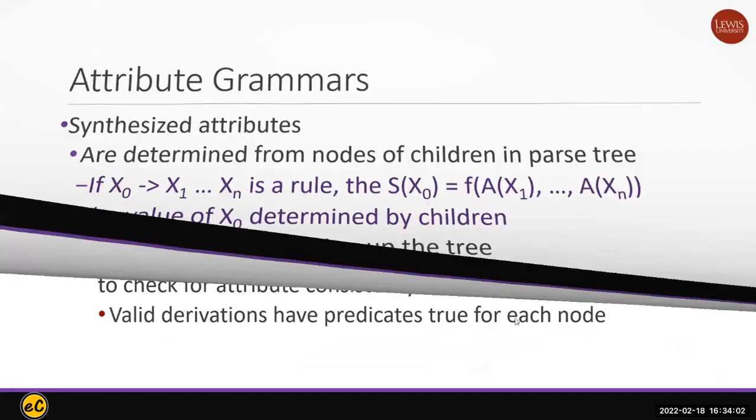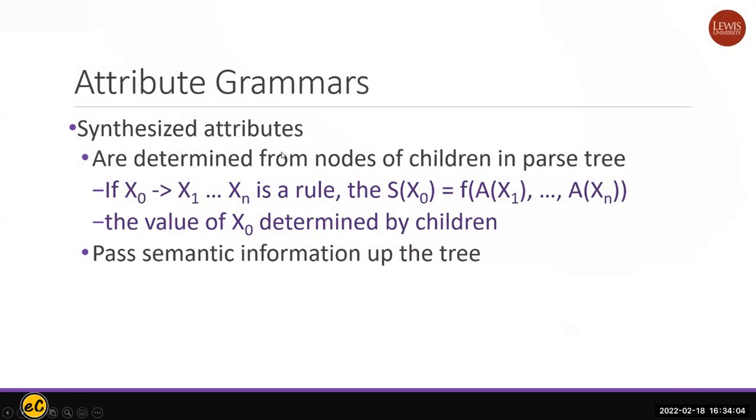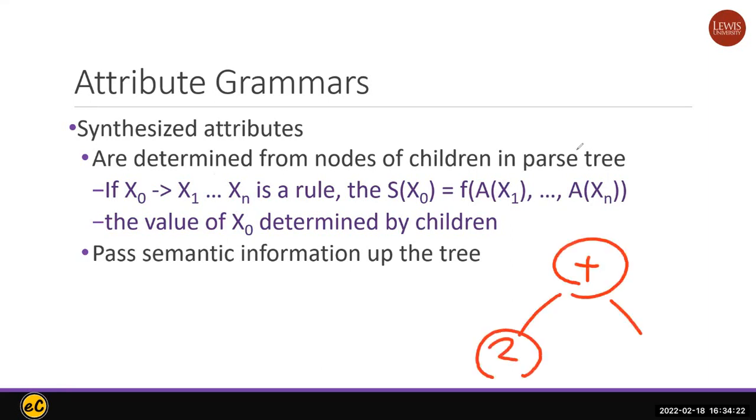Okay. So here we start to look at the two types of attribute. One type is synthesized attribute. Synthesized attributes are determined from the child nodes in the parse tree. An example is that you have the plus sign, you have 2 and 3.